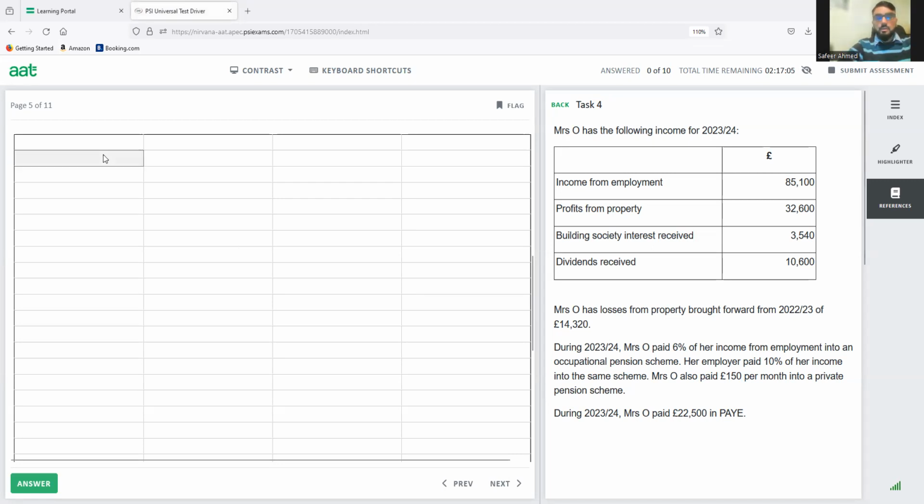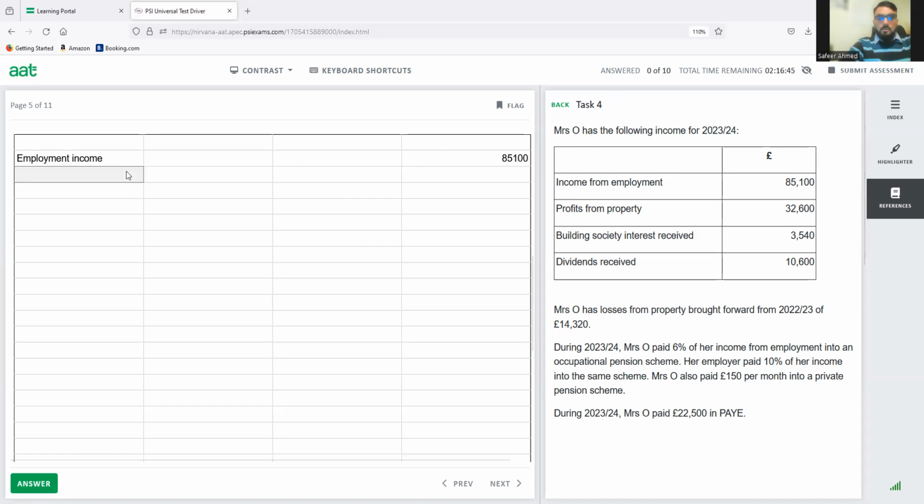So what you need to do, first of all, is list down all of the income. The very first one you can see is the employment income given to us. So the employment income is 85,100.